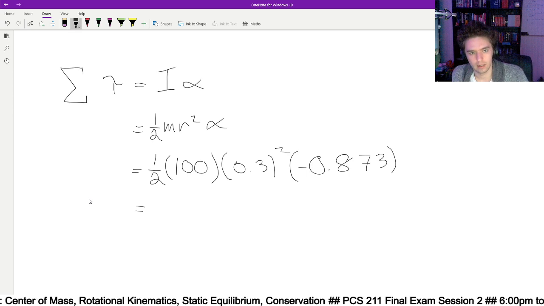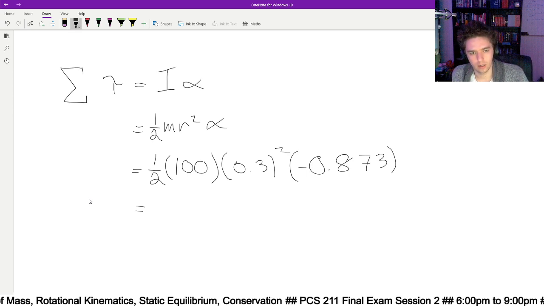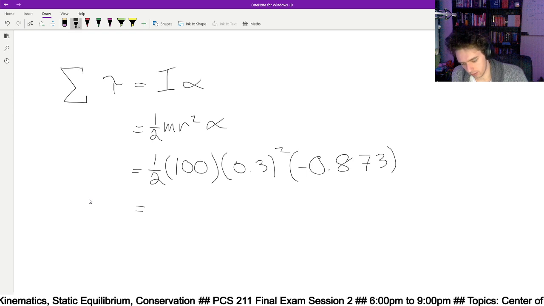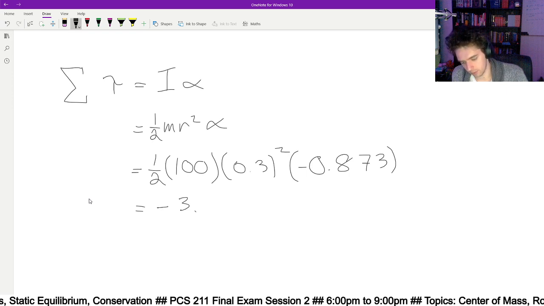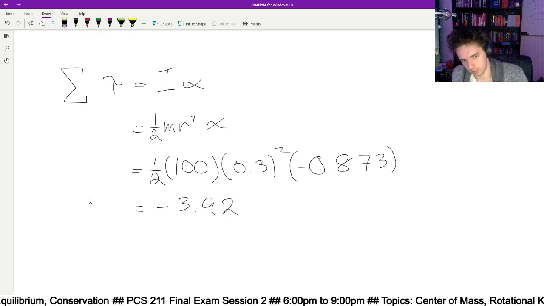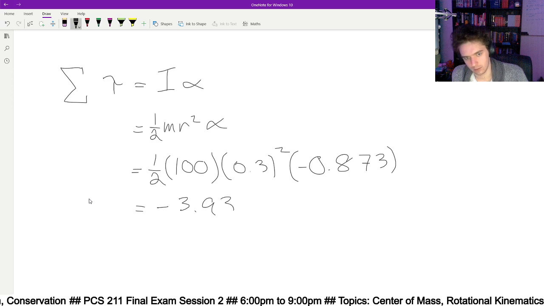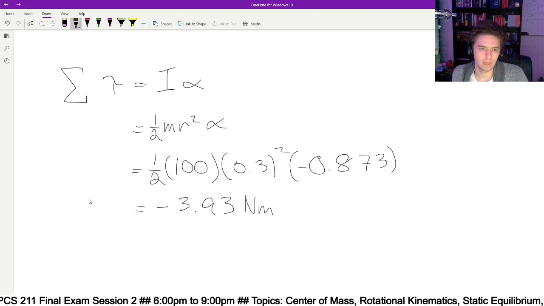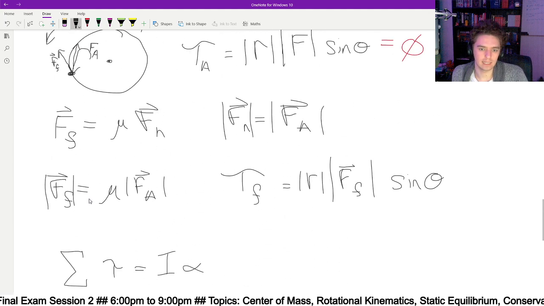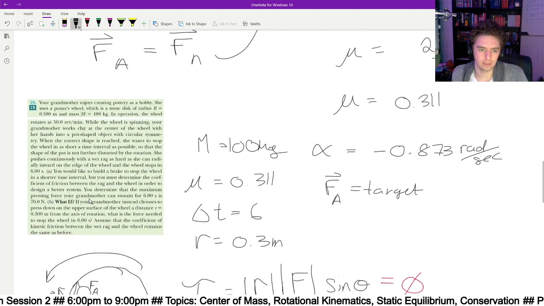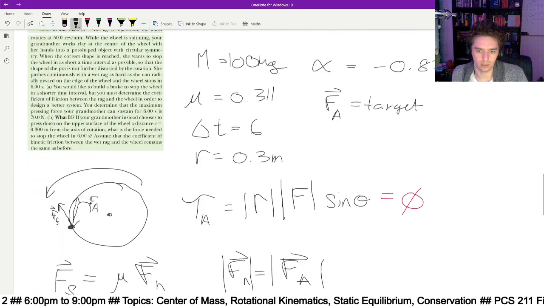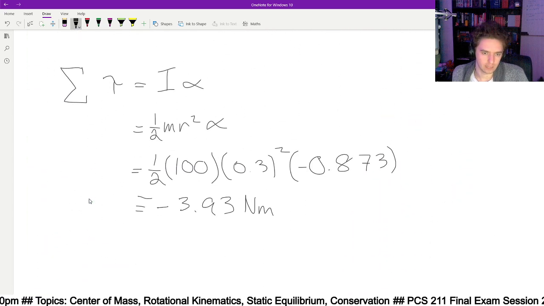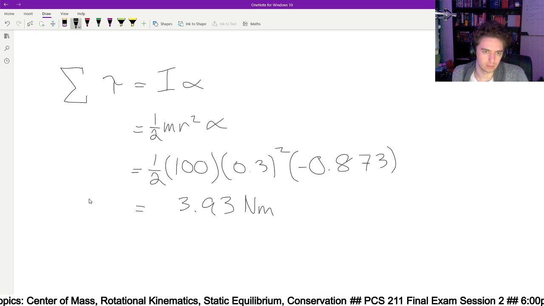So I got my net torque. My net torque is negative 3.92 Newton meters, right? And since the torque is acting in the negative direction, we put a negative sign in front of that to make it positive.